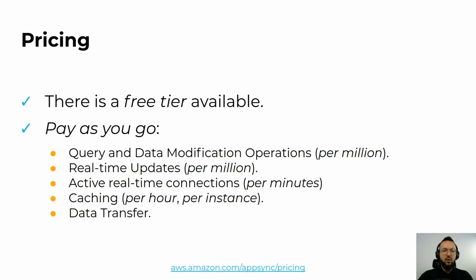That's often overlooked in the API case, especially in AWS AppSync, because many people think that if it's a fully managed service, you don't have to pay for data transfer. That's not true, because we all pay for data transfer no matter what, especially if you are returning a lot of data, because outgoing transfer from AWS is paid. Data ingress is in most cases free, and this is the case for AWS AppSync as well.